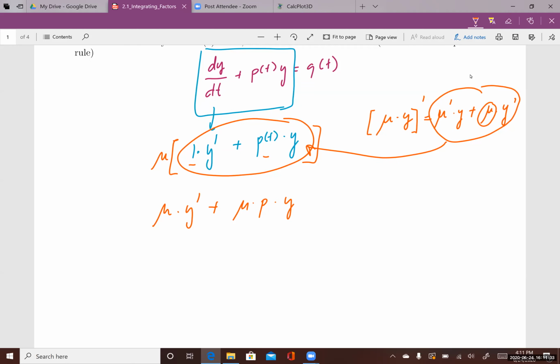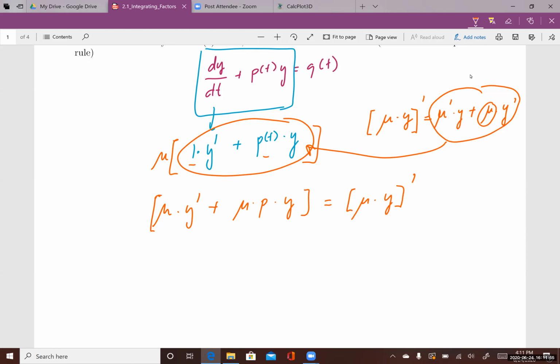Then at this point, I want to force this. Because this is mu times y prime, these things right here, I want to force this to equal mu times y prime. How can I do that?